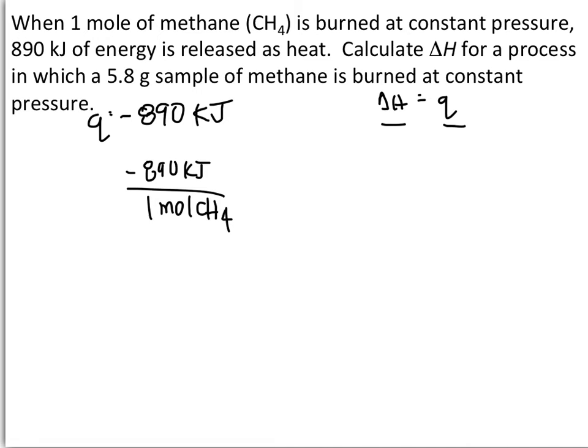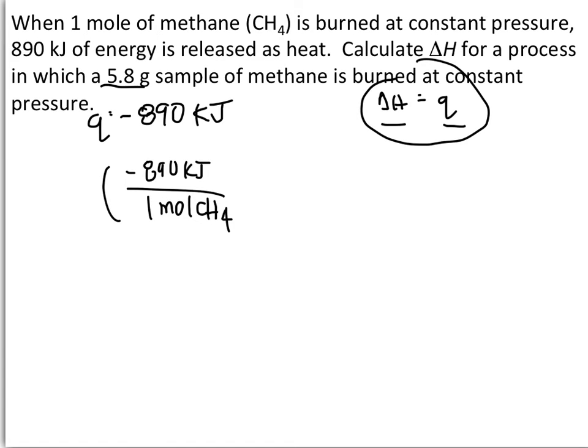So now that we have this relationship, we need to figure out how much of this heat is actually going to be released when all we're burning is 5.8 grams of methane. So basically, they've given us the information to establish our conversion factor. They've given us the information to understand that delta H and Q are equal.